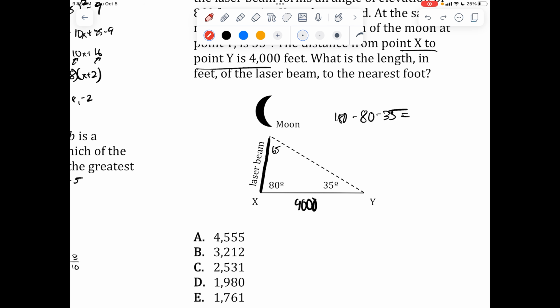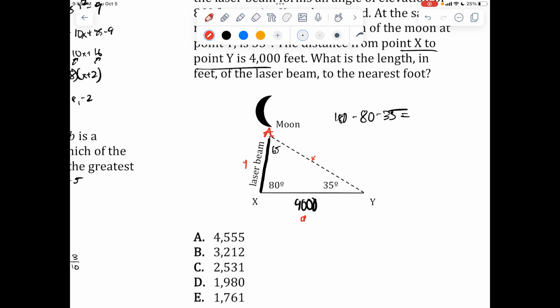Lowercase a, uppercase A, and those are already assigned. Lowercase x, lowercase y. Yeah, I think we're good. We'll just do angle y.